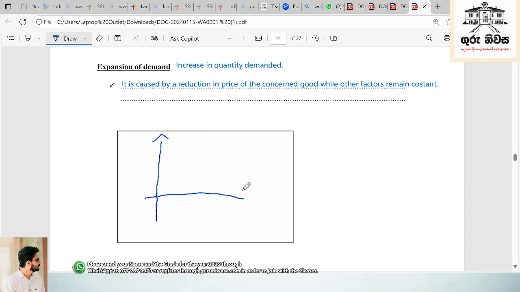Draw the demand curve. Label axes properly. Price axis, quantity.